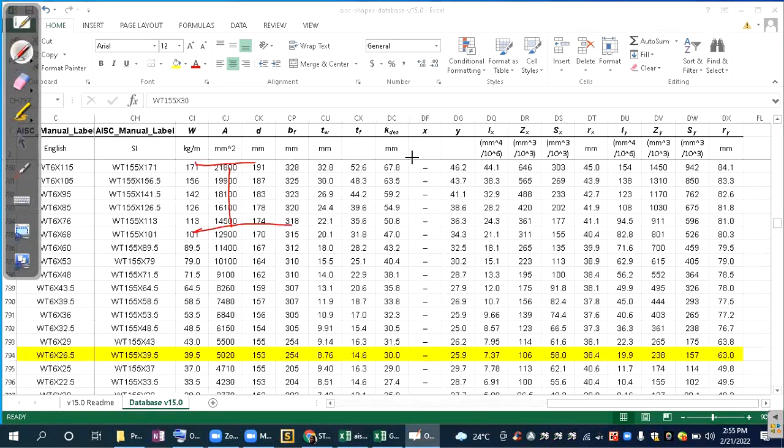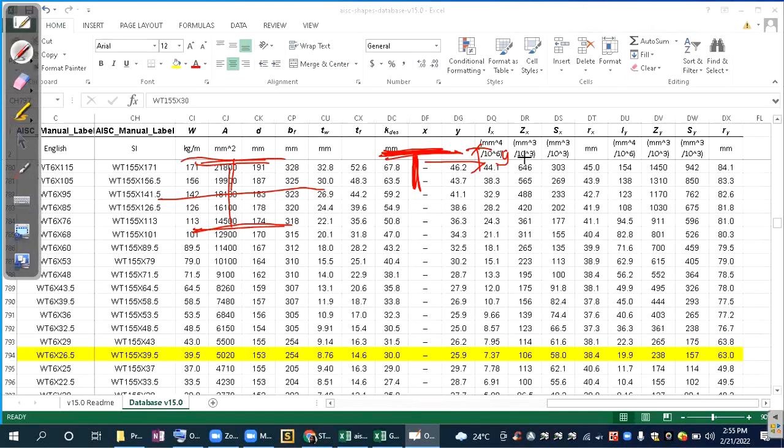Ito yung I mo, yung WT section, yung half ng I. So, ito na yung magiging WT section mo. Pagka ito yung WT section mo, malalaman mo sa AISC manual, since given yung value dito, yung Y dito, yan yung magiging X bar natin sa equation natin in solving for the U.